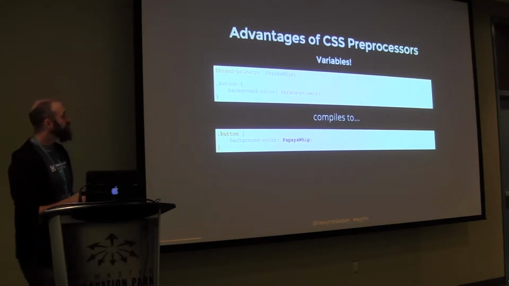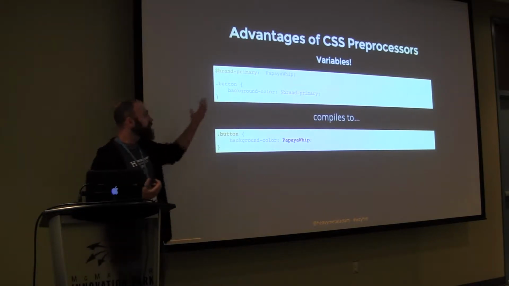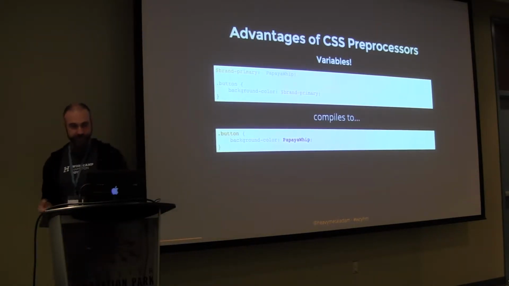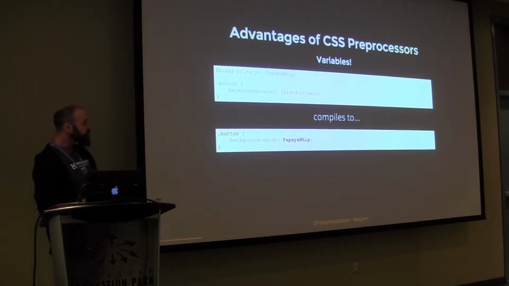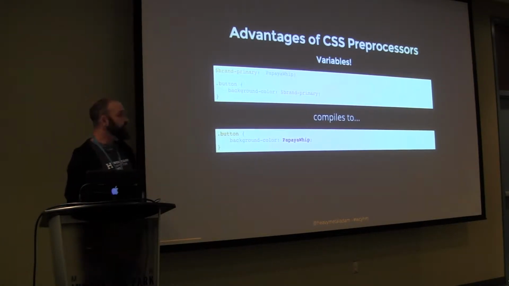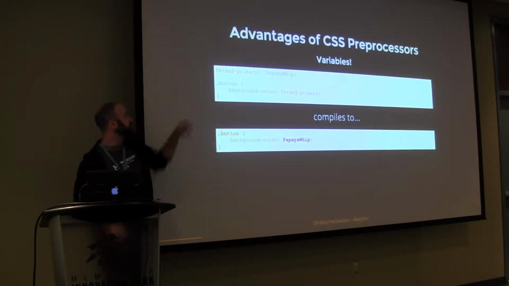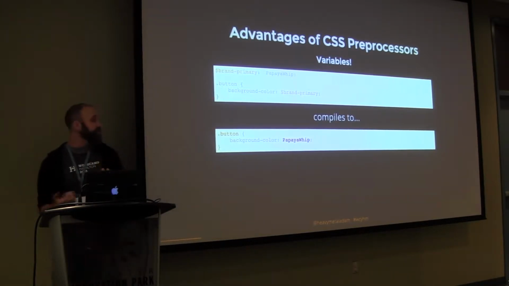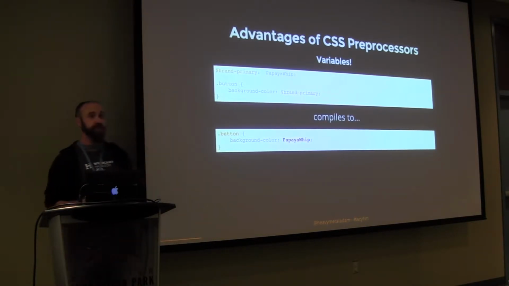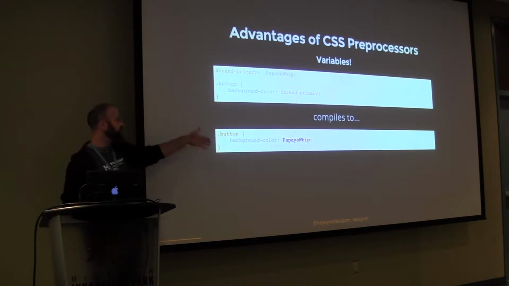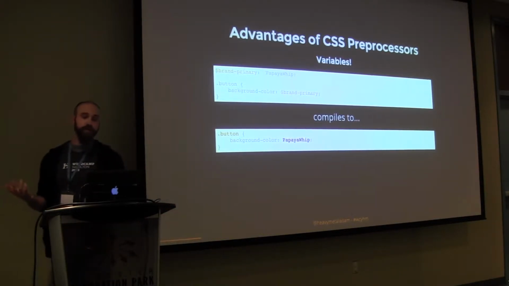But let's say we have a primary brand color, papaya whip. That's a real CSS color. And we're going to style a button and give it a background color of brand primary. Variables in Sass are denoted with a $, similar to PHP. So we call background color is brand primary, and that turns into, in CSS, our button, the background color is papaya whip.